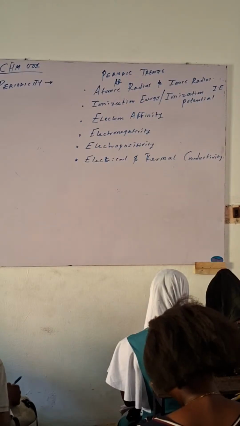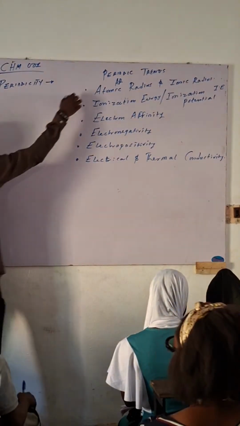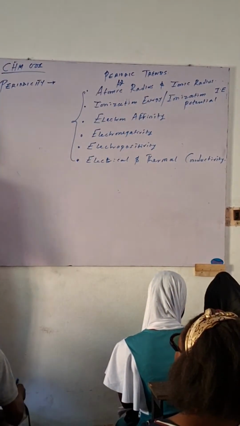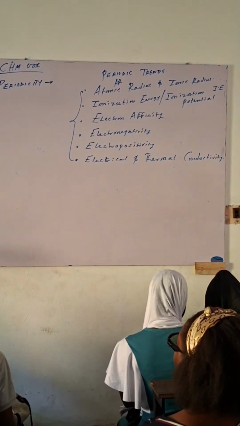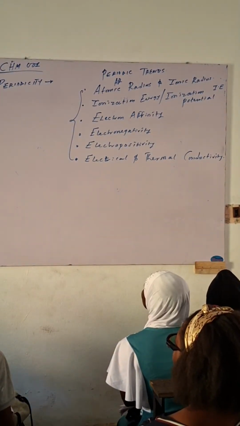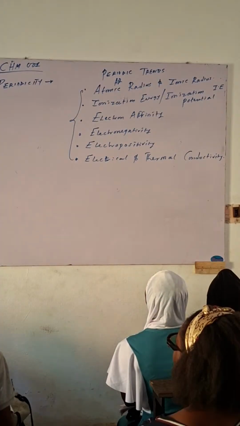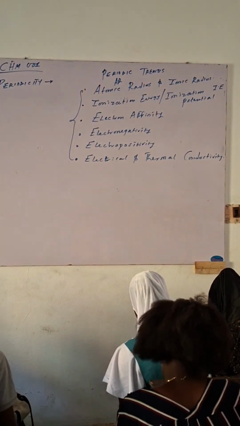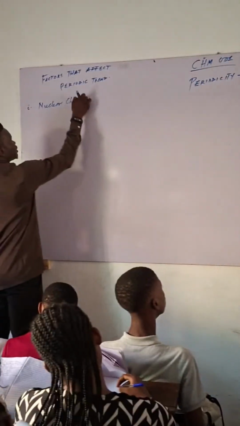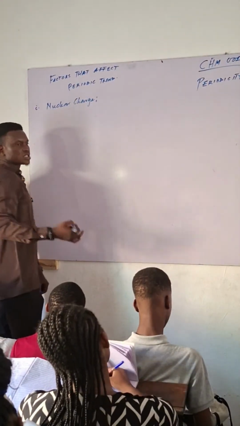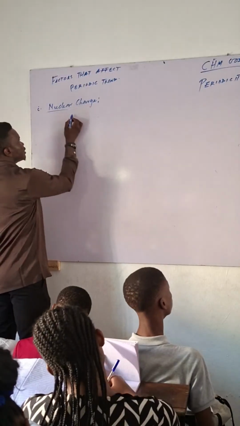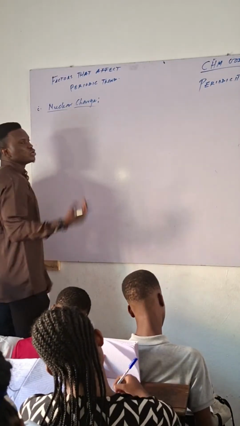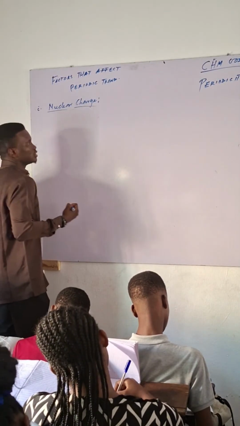Now, before I talk about these, there are some factors that make them behave the way they behave. And those factors are what we need to know first. The first factor is what we call nuclear charge. I'm going to say it in simple terms. Nuclear charge, from the word nuclear and a charge. So the nucleus is pulling something.